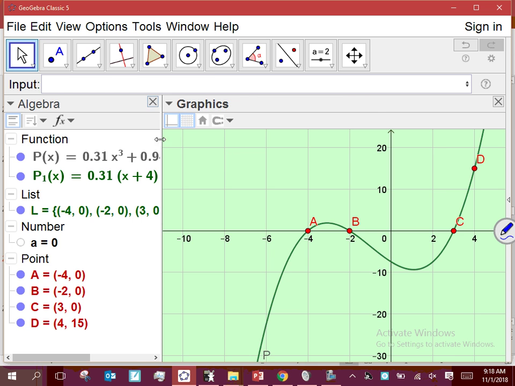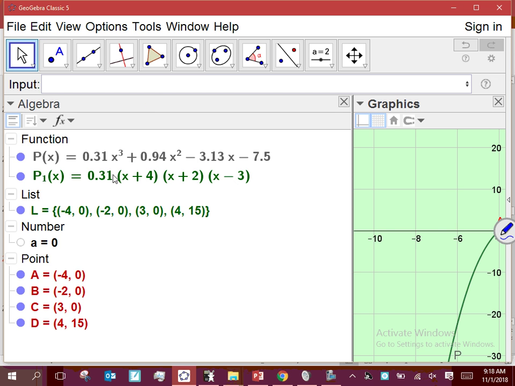So I multiplied these things together to get that, right? Our task most often is to start with what I have highlighted and get the green one. Well, if I went from the green one to the highlighted one by multiplying, how do you think I'm going to go from the highlighted one to the green one?